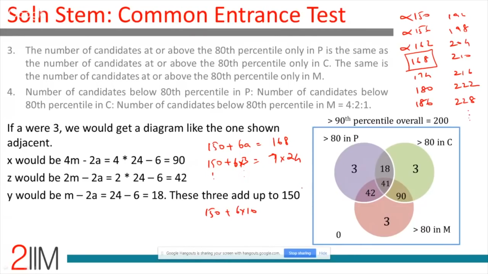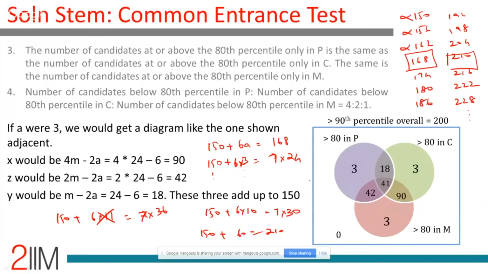I'm adding 7 more 6s, which will account for 6 more 7s. 150 plus 60 equals 210. 150 plus 6 into 17 will be equal to 7 into 36, but this is not possible.